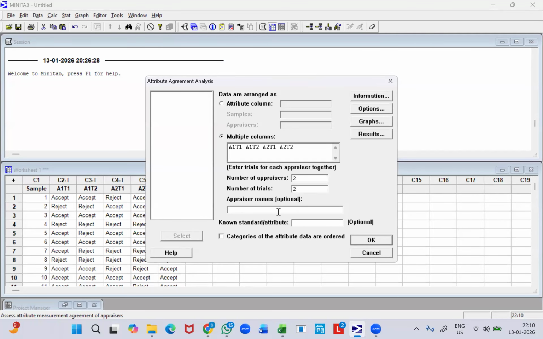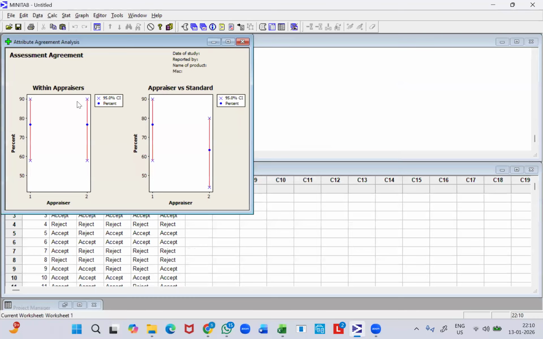Appraiser names is optional, so you don't have to really provide the names of the auditors here. The known standard or attribute is the SME result, which is given in this exercise. So we can choose the column where we have compiled the SME result. Then click OK to get the results.